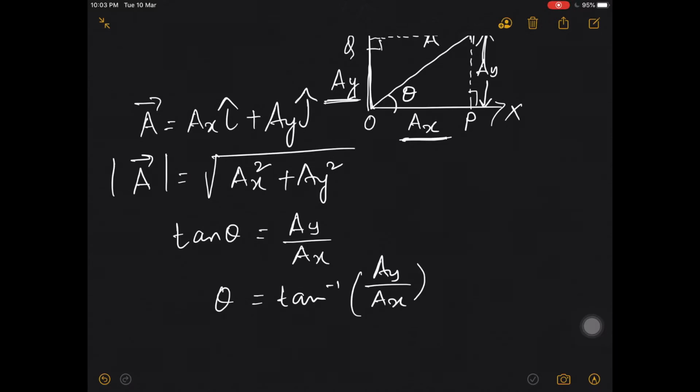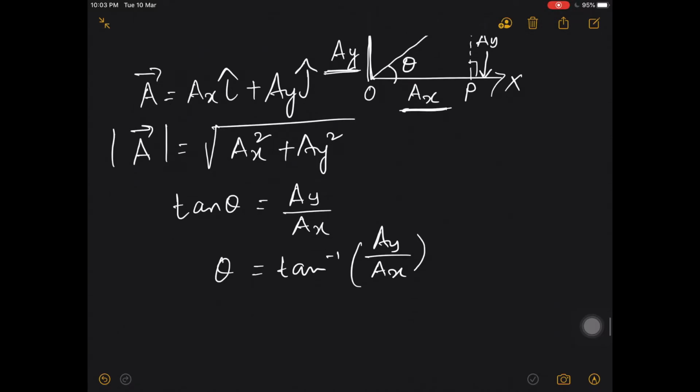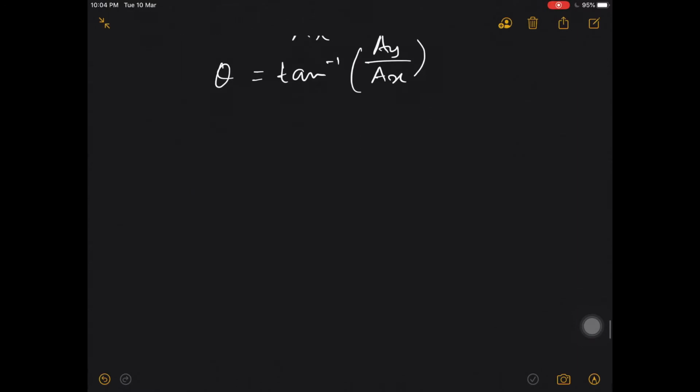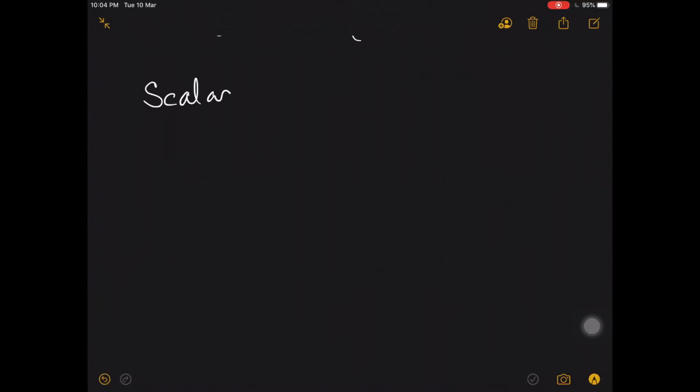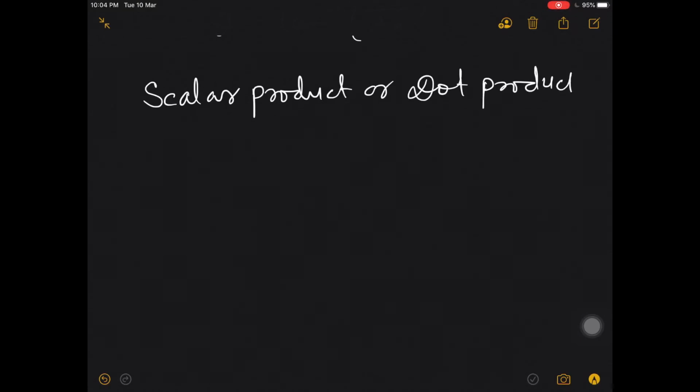Now let's move to the topic of spatial multiplication of vectors. The first multiplication is called scalar product or dot product. Now how is this product calculated, how is it indicated?